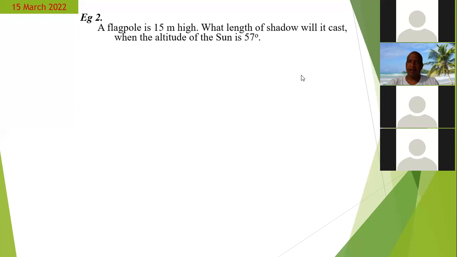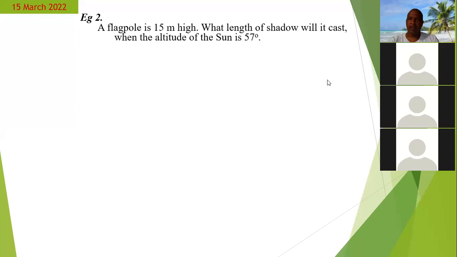All right, so the first thing you'd have to do here, guys, is to construct your diagram. It says a flagpole is 50 meters high. What length of shadow will it cast when the altitude of the sun is 57 degrees? Now, if we're talking about altitude and the degrees of 57, we know clearly that would have given you your what? What angle will that represent?